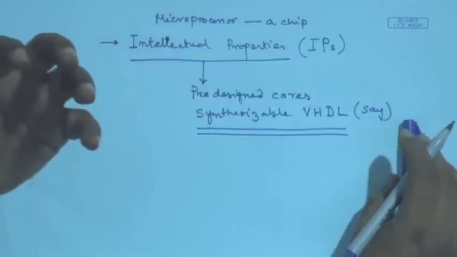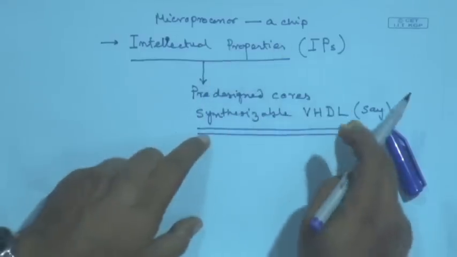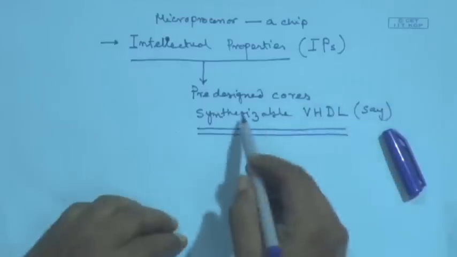So, once you have that program, it is synthesizable. So, you can directly put it in your tool, not using your intellect so much for the design, because it is already designed. You just put it in your design tool and you get that processor or a part of the processor, maybe a fast multiplier. All those things are coming up as core based design, that is why these are pre-designed cores available as synthesizable VHDL.